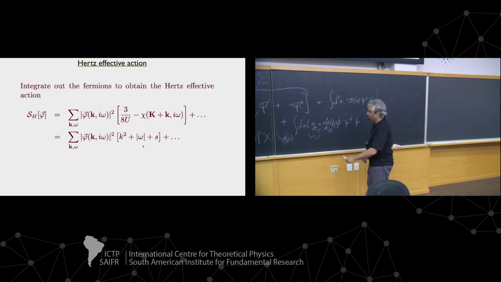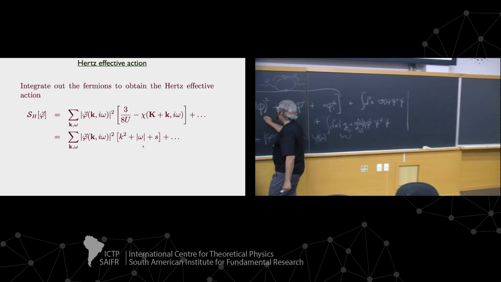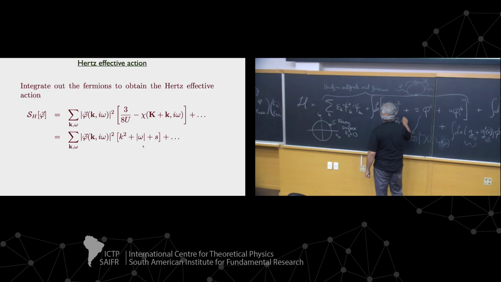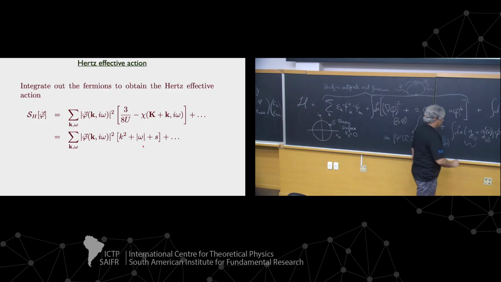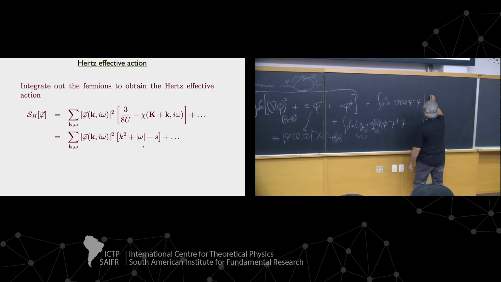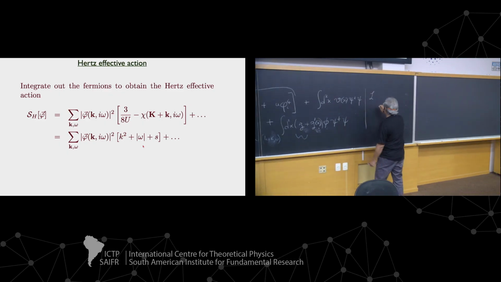You could also add a d tau phi term here. So the action, or Lagrangian, for a harmonic oscillator, if you ignore momentum, is 1/2 (d tau phi) squared plus some frequency, omega naught squared phi squared, okay?